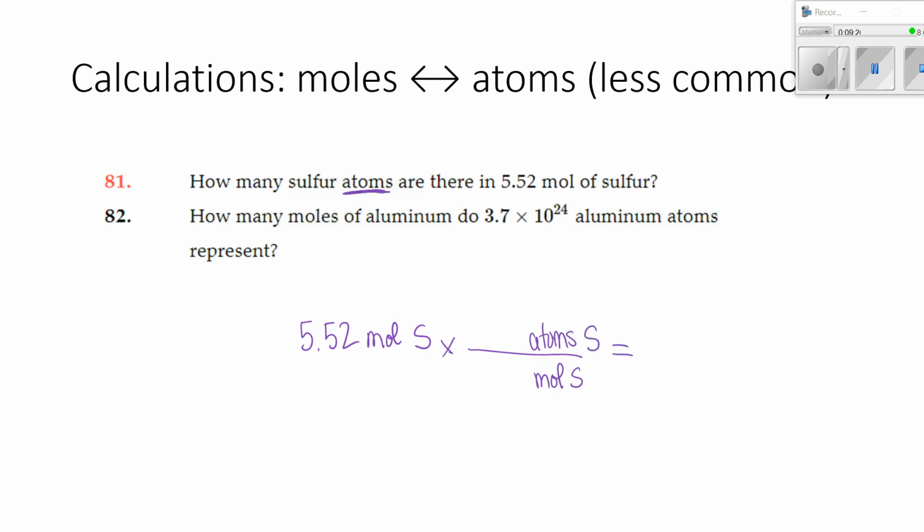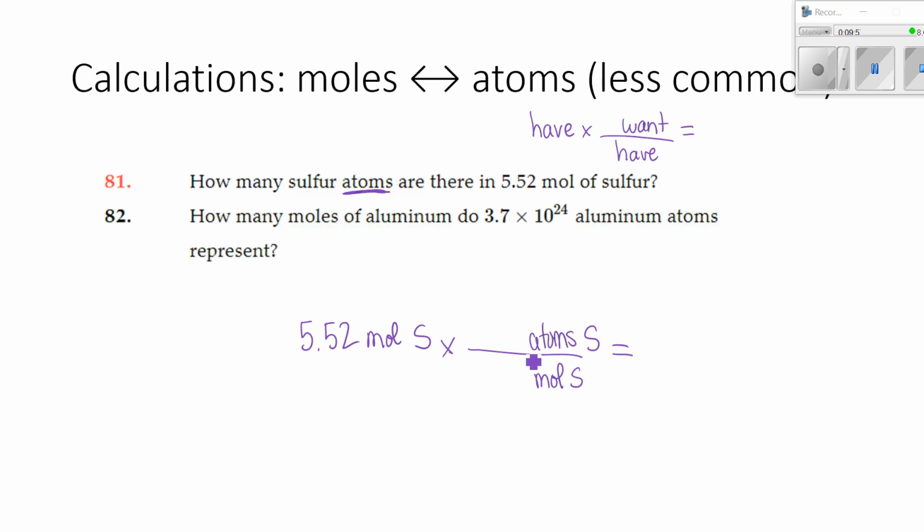In general, with dimensional analysis, you start with a value, your given, that has some units, and then you want to convert those units into the units that you want. So we have moles, we want atoms. What you want goes on the top, what you have goes on the bottom. That's another way of thinking about dimensional analysis.